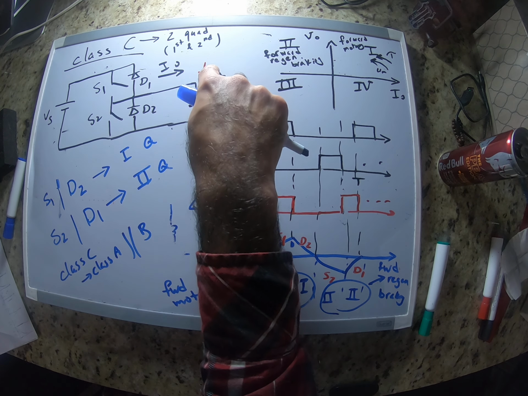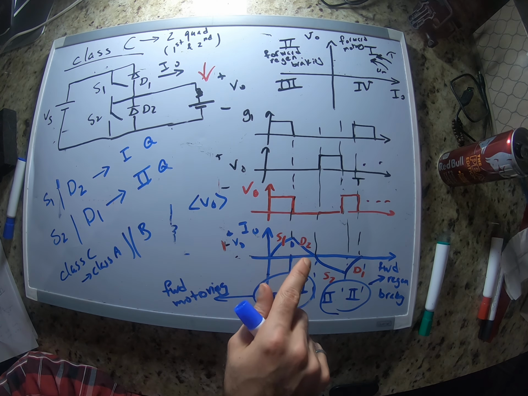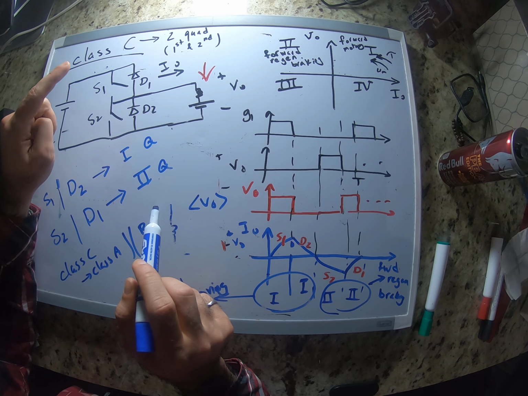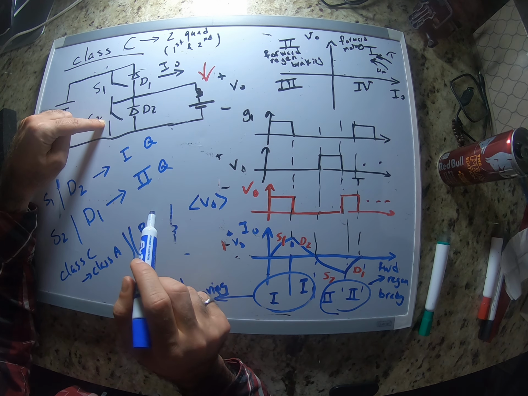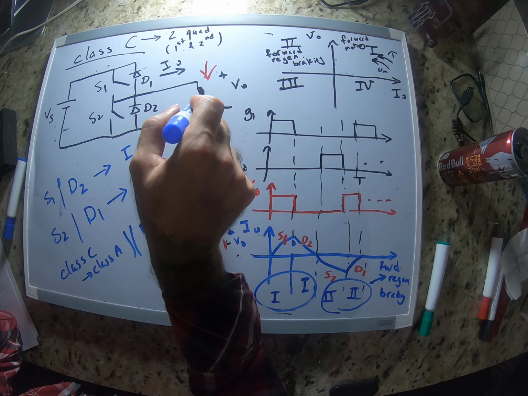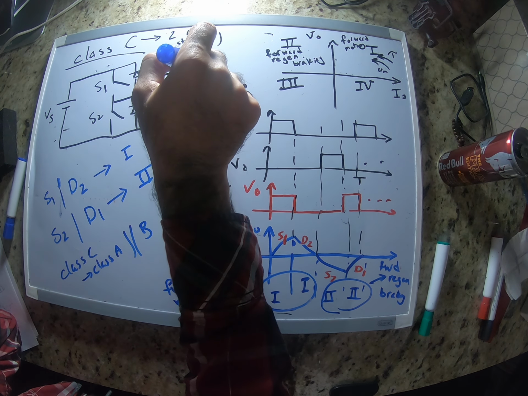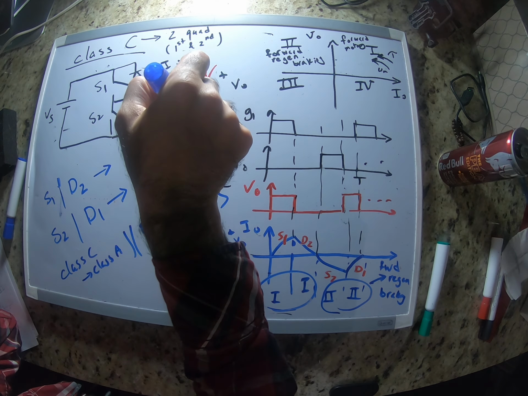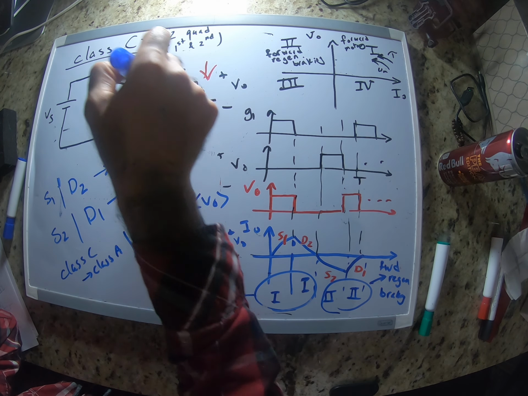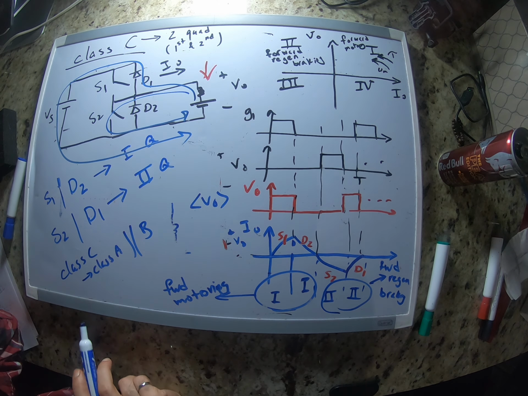Just keep in mind the polarities that we chose for voltage and current. When switch 2 or diode 1 are conducting, the direction of the current would be in the opposite direction of the positive current direction that we chose, right? If switch 2 is conducting, it would be like this. If diode 1 is conducting, it would be like this, right?